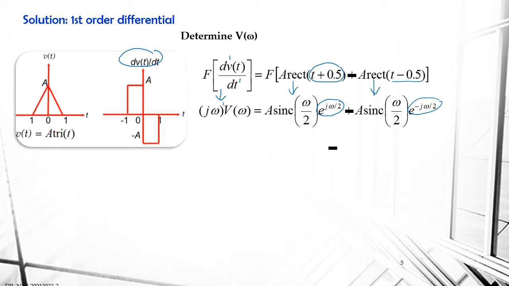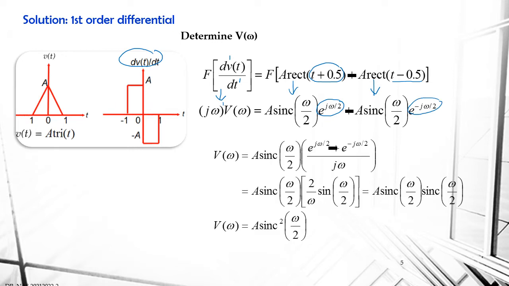Now solve for V(ω). So V(ω) equals, with this jω moved to the right hand side, the equation can be simplified to this.